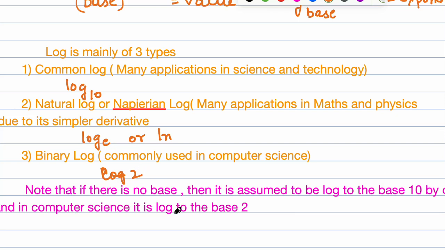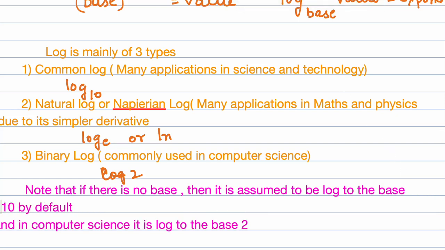Now if there is no base, then it is assumed that the base is 10 by default in maths and science, and in computer science it's log to the base 2. So it's understood if nothing is written.